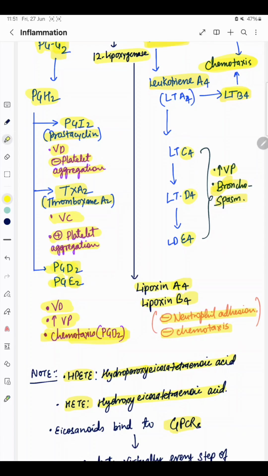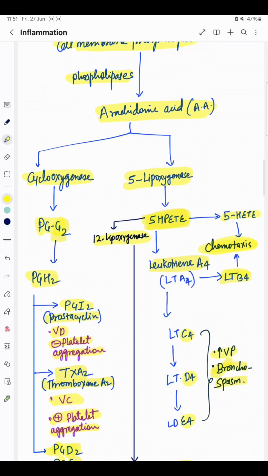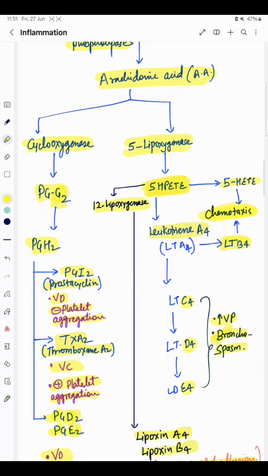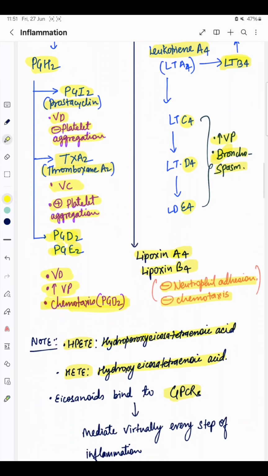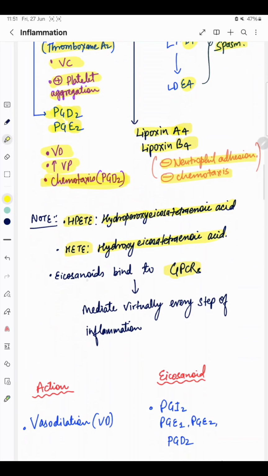They inhibit neutrophil adhesion and inhibit chemotaxis. So these are the arachidonic acid metabolites: by the action of cyclooxygenase, prostaglandins are produced, and by the action of 5-lipoxygenase, leukotrienes are produced. Icosanoids bind to G protein coupled receptors and mediate virtually every step of inflammation.